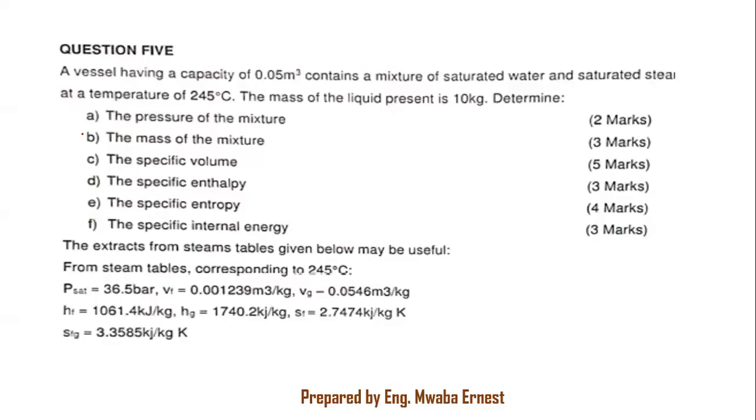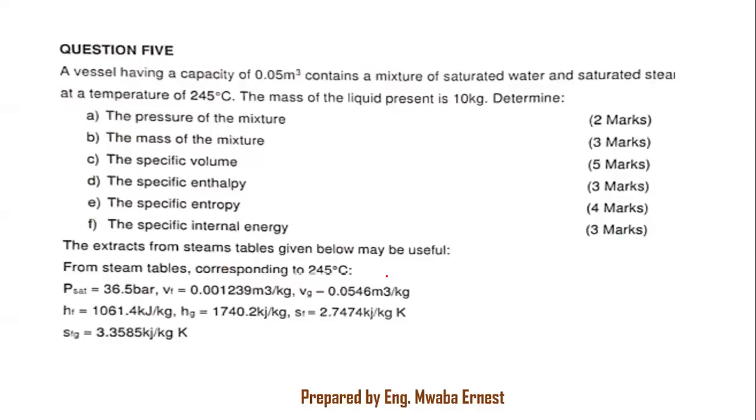HF is 1061.4 and HG 1740.2. SF, which is entropy, is 2.7474. And also, we have SFG, which is 3.3585 Kelvin. These numbers are part of the data, already picked from the tables, so you don't need to worry about the tables.